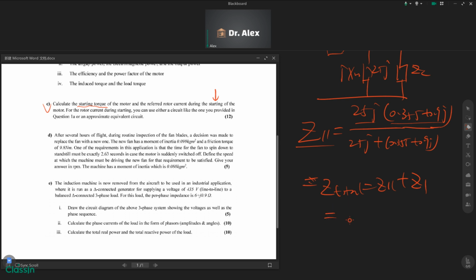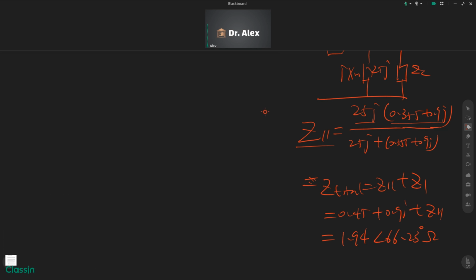The final result is 0.45 plus 0.9j plus Z parallel, which is 1.94 at 66.23 degrees ohm. Just to mention, don't forget the method to calculate this: for example, Z equals a plus bj divided by c plus dj.